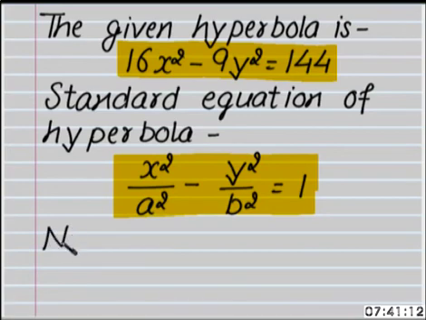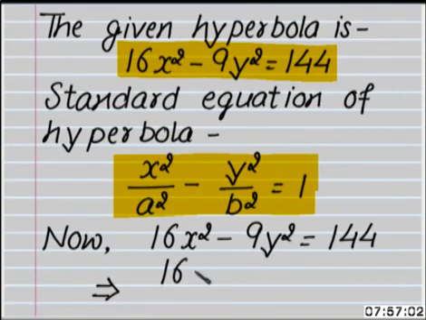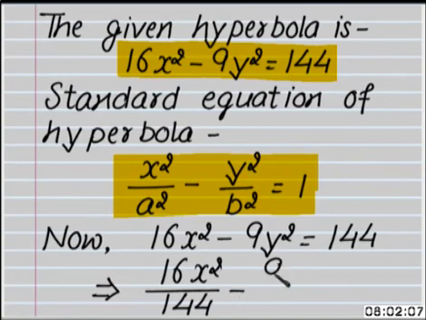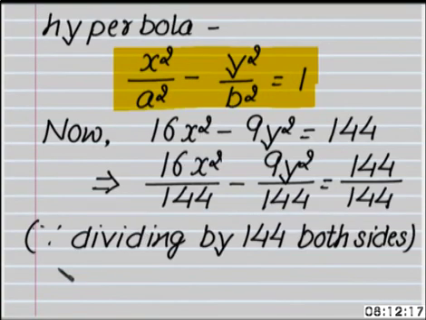Now for the given equation 16x square minus 9y square equal to 144, dividing both sides by 144 we get 16x square upon 144 minus 9y square upon 144 equal to 144 upon 144.